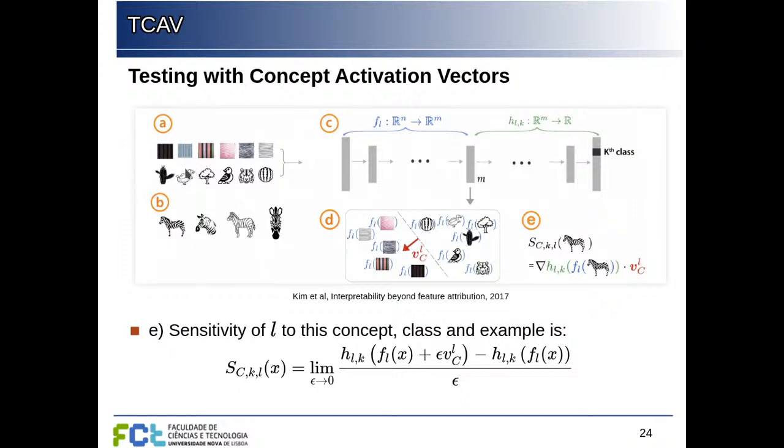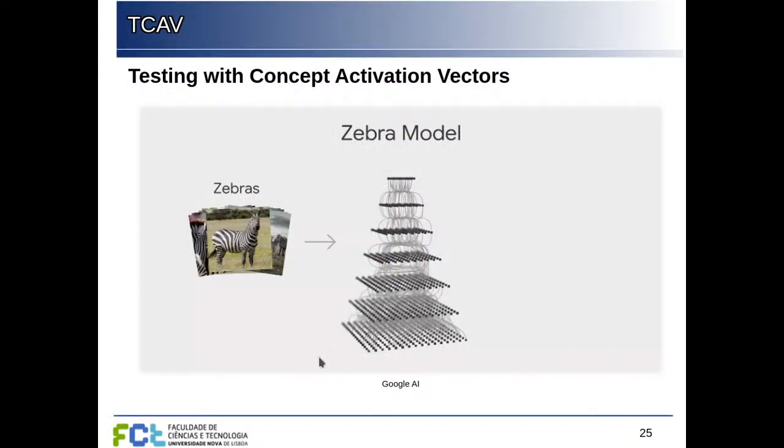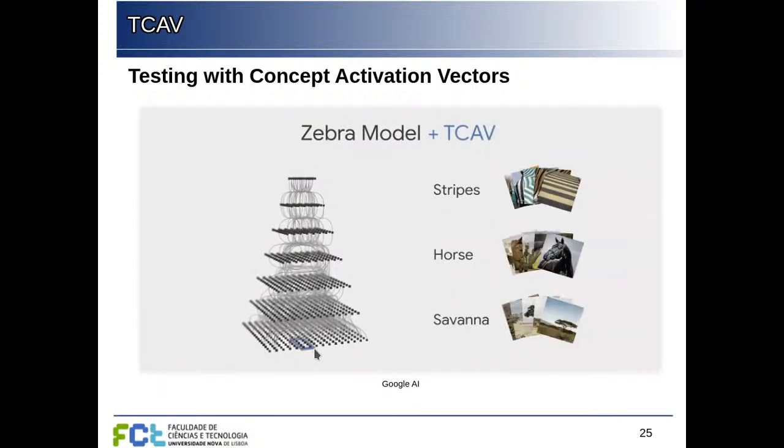Note that we are not really telling the network stripes, we are just giving a set of examples to specify the concept, but then we get this activation vector in which direction we're going to measure the perturbations to the output of the network. So basically, in this example, the network receives images.